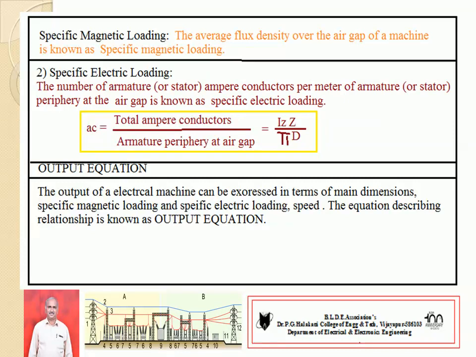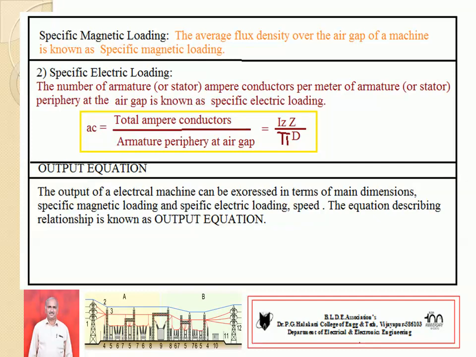The output of a general electrical machine is proportional to specific magnetic loading, specific electric loading and speed. We have to see what relation exists between the output of the machine and the specific magnetic loading, specific electric loading and speed.